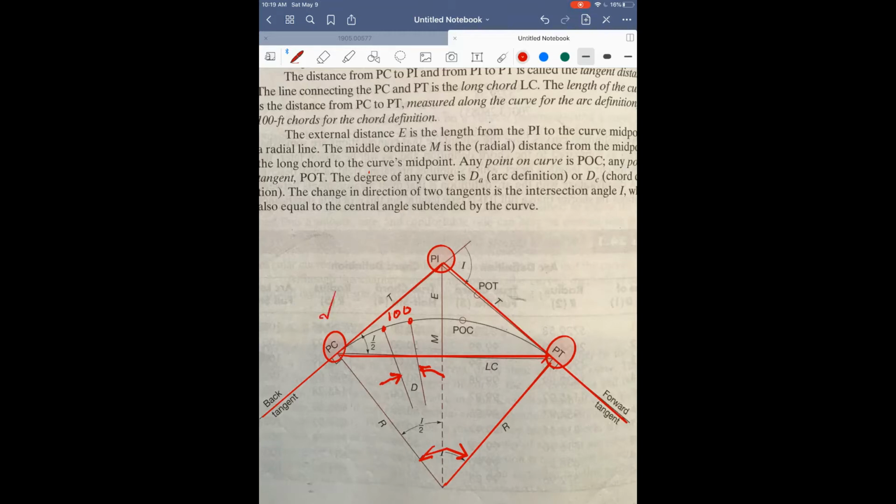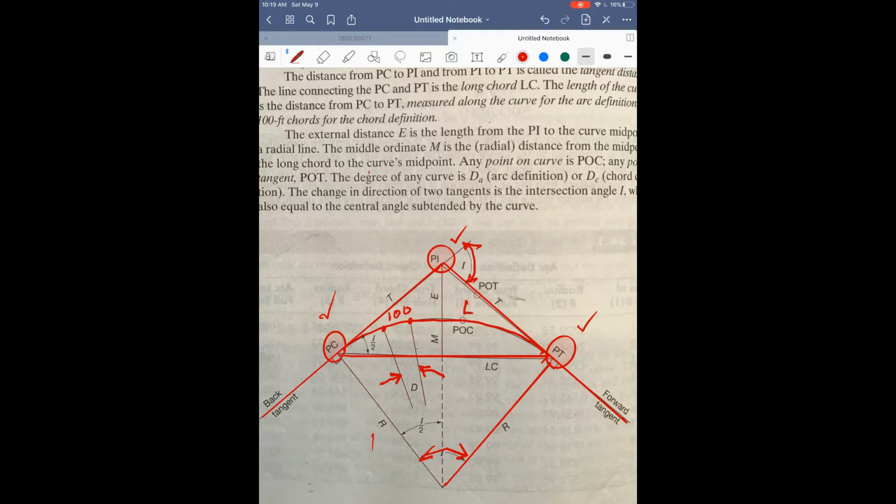The PC, point of curvature, and PT, point of tangency. Where those two tangents intersect is called the point of intersection. The central angle is this angle down here at the bottom. Notice that the central angle also appears here. And then the degree of curvature. We won't worry about the middle ordinate and the external. The length of the curve is the distance measured along the curve.